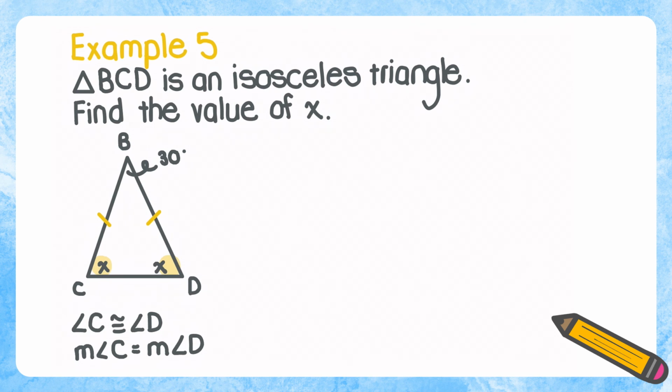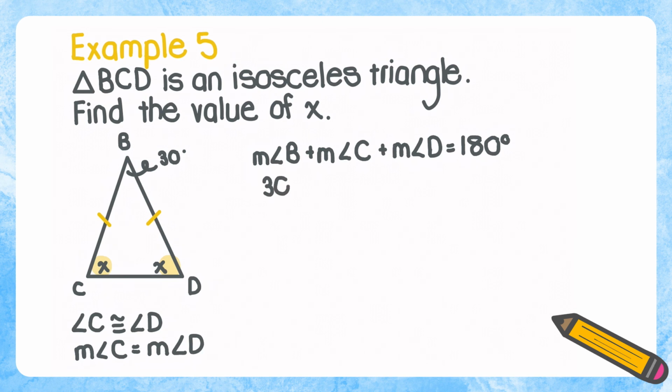From here, let's use the fact that the three interior angles will sum to 180 degrees. So the measure of angle B plus the measure of angle C plus the measure of angle D equals 180 degrees. The measure of angle B is 30 degrees, and each base angle measures as x.